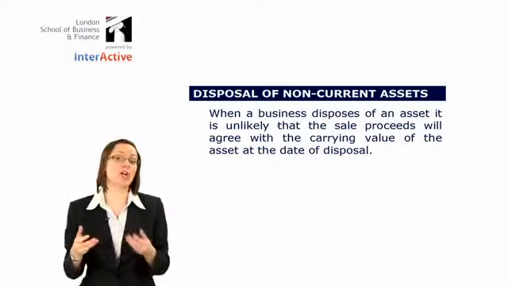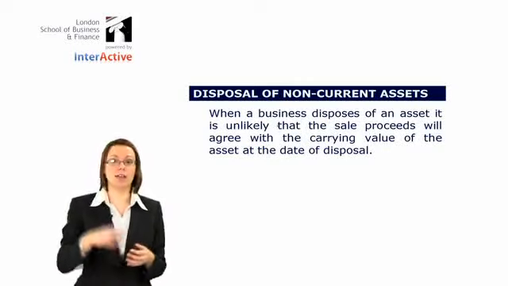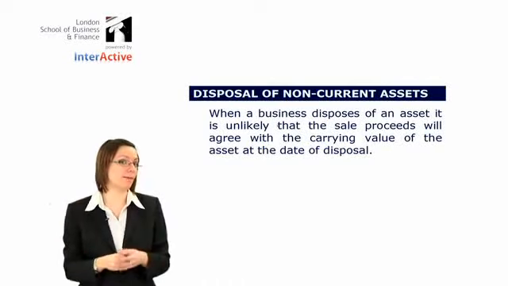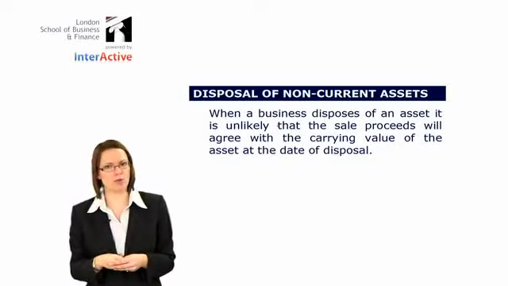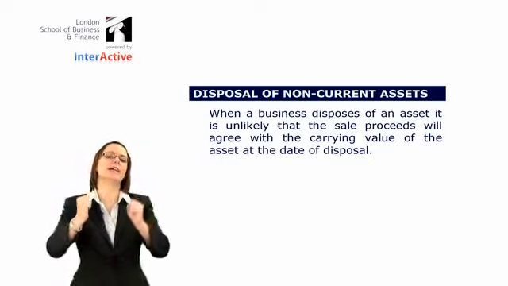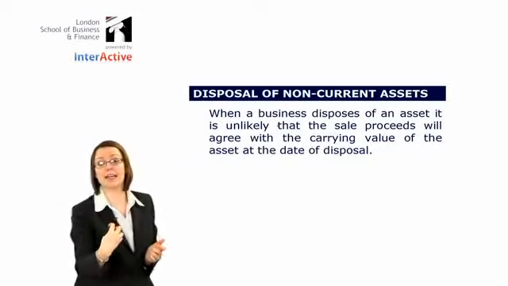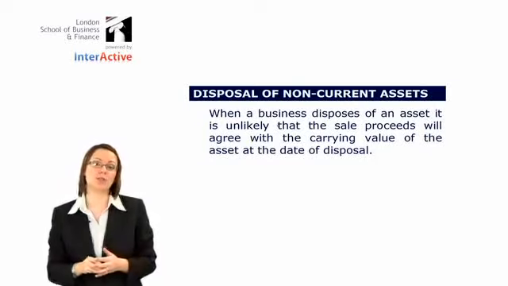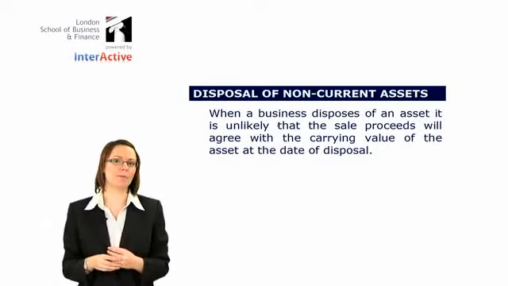So in this example, clearly I've made a profit of £500, because I got £500 more than its carrying value in my books. And really, when we're thinking about disposals, we're thinking about removing the asset, recording the inflow of cash or a new asset if we're trading it in, and then ultimately thinking about whether we've made a profit or loss on the disposal as a result.